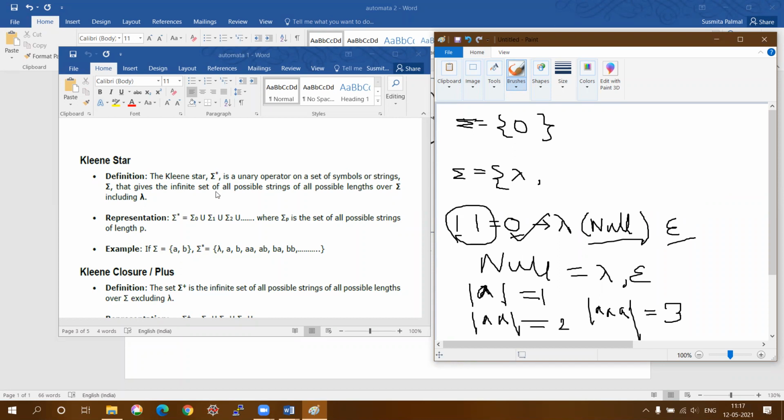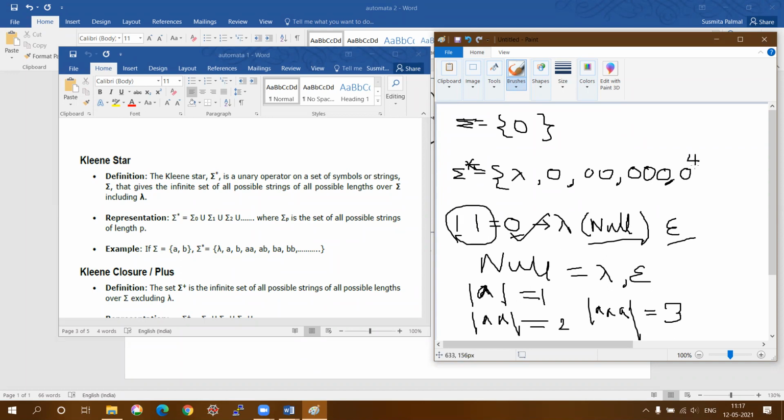Okay, so Kleene star contains, I should write sigma star, which denotes the Kleene star. It contains null, along with any combinations of the input symbol which form the strings. So first comes 0, second comes 0, 0, third may be the string 0, 0, 0, and fourth may be 0 to the power 4.